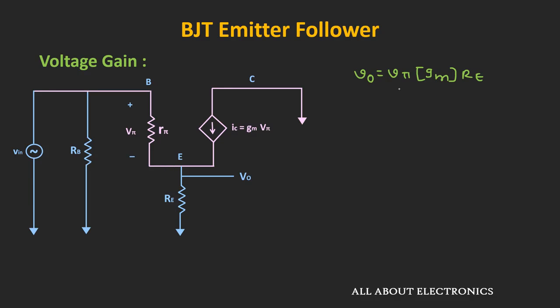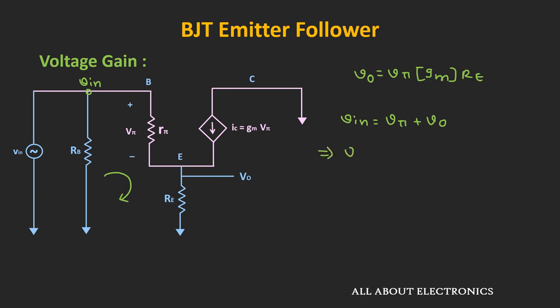So now we need to find the expression of V pi in terms of the input voltage. Now here if you observe, the voltage at this end is equal to V in. So let us apply the KVL equation in this loop. Then we can write voltage V in is equal to voltage V pi plus V out.